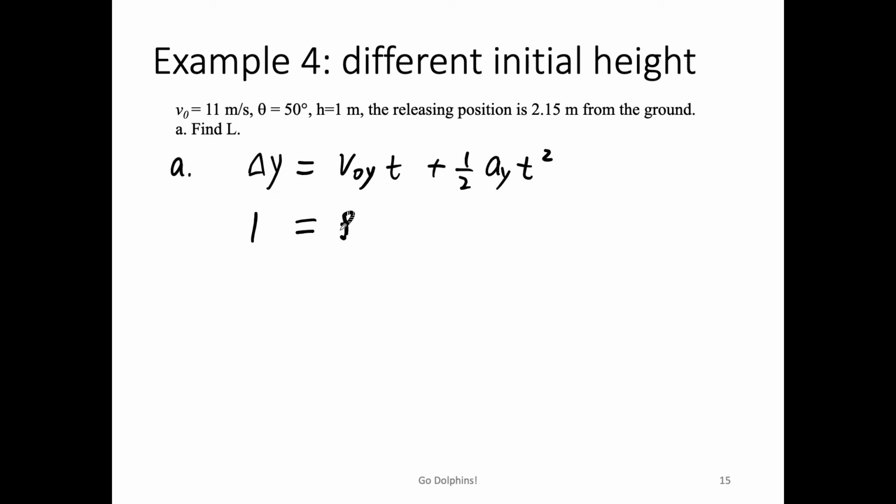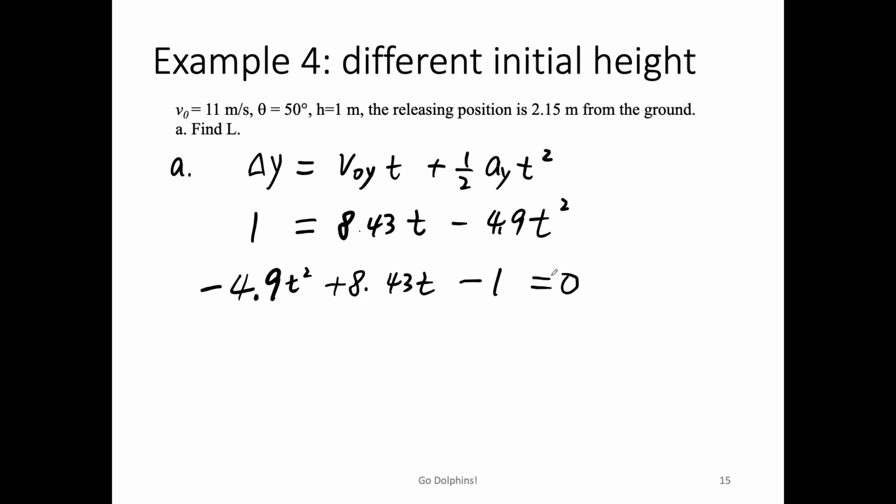Plug in the numbers. So you have a quadratic equation to solve. I just write it in the a t squared plus b t plus c form. My a is negative 4.9, my b is 8.43, my c is negative 1.